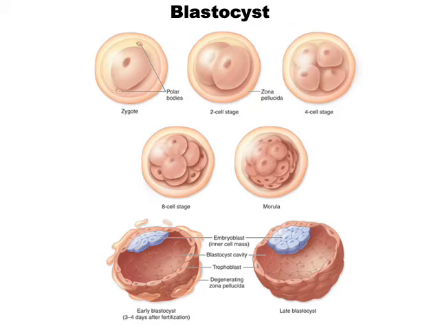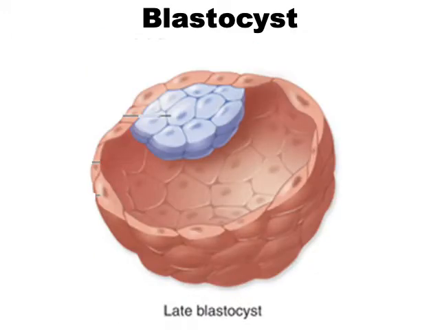The major difference between the late blastocyst and the early blastocyst is the degenerating zona pellucida in the late blastocyst. This is an enlarged image of the late blastocyst. You can see the inner cell mass, the trophoblast, and the blastocyst cavity.